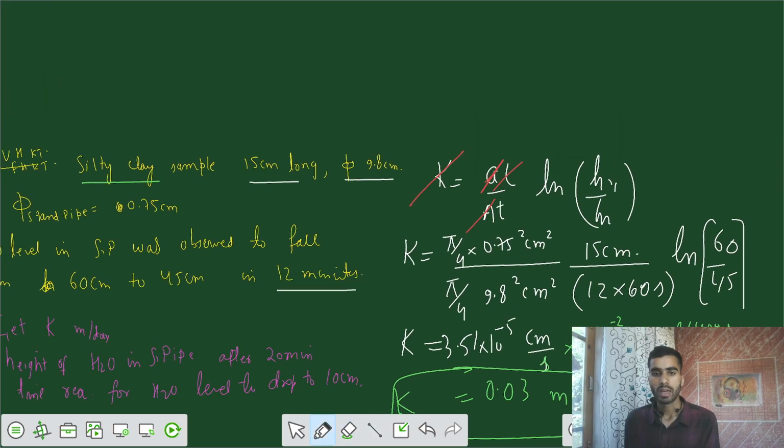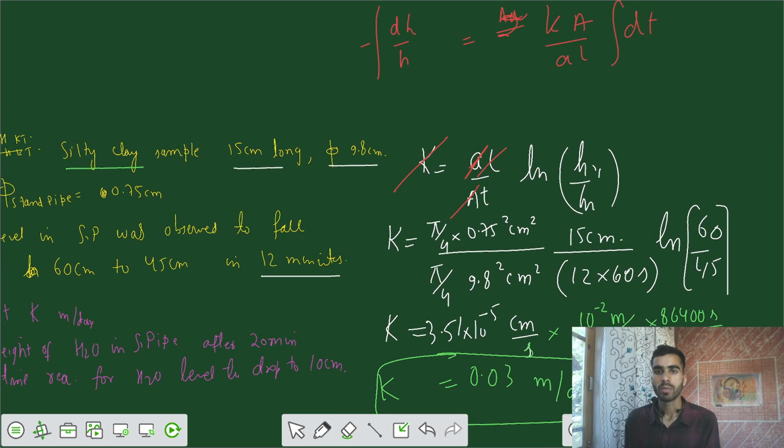We also saw that during the derivation. We had dH by h, and some constants. We have already talked about that. Let me write the actual one. dH by h was k into a by aL, and there was some dt. Which of these is variable?